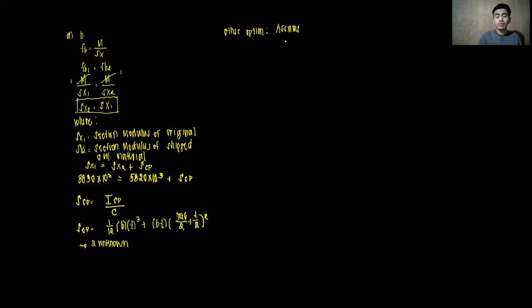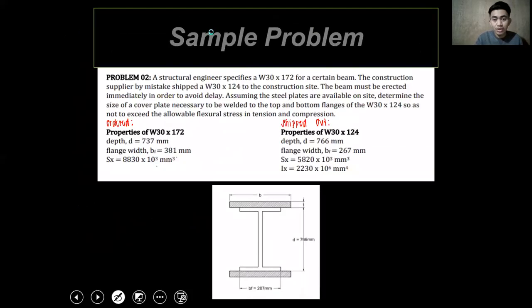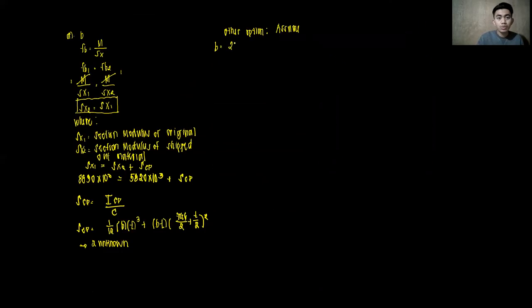If we are going to assume a value for B, the perfect way to assume is the flange width of your current material. What is the flange width of our current material?